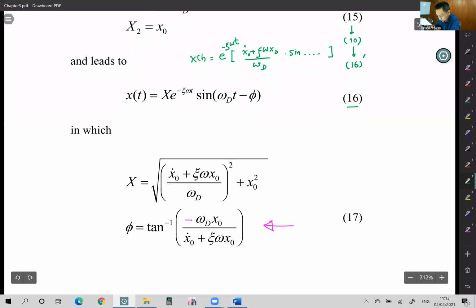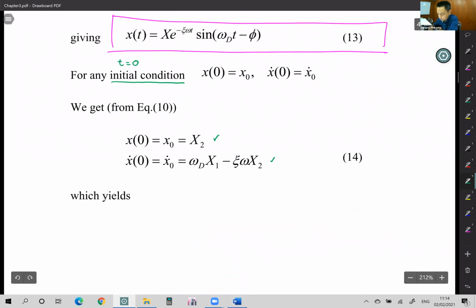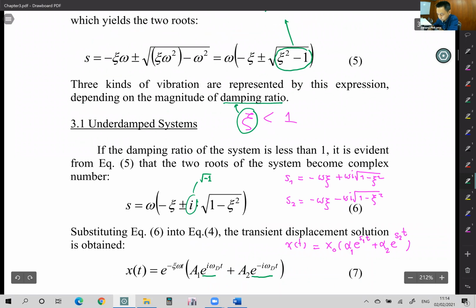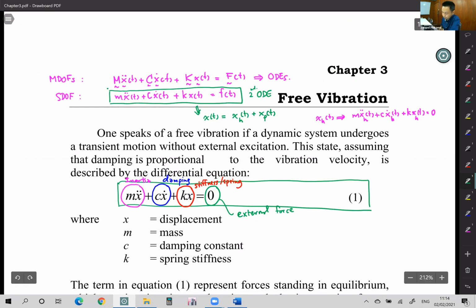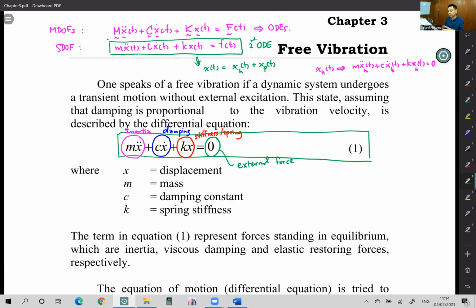So this is what you and I have discussed so far. At the end, we can have the solution of x from the start value first, right? From equation number 1, the free vibration. We try to solve this one to get the solution of x, where x is non-trivial. We are not looking at x equal to 0.